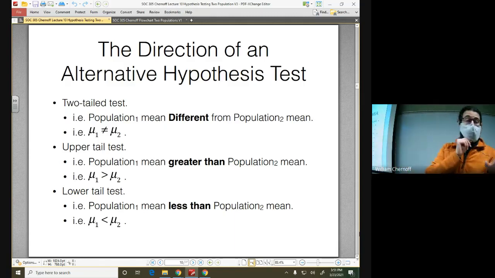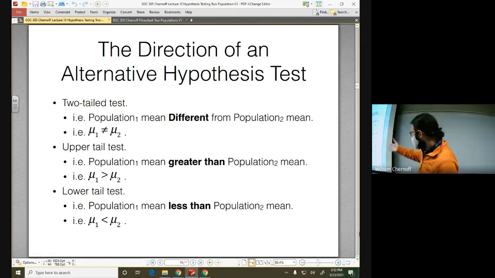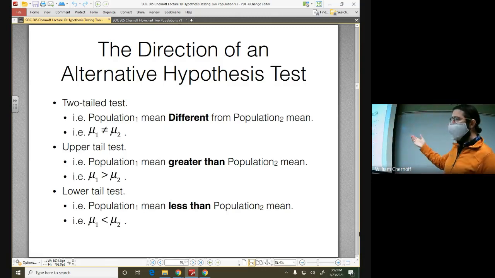However, when it comes to the alternative hypotheses, there are going to be 3 that we can choose from. Either the two populations are different, or population 1 mean is greater than population 2 mean, or population 1 mean is less than population 2 mean. We refer to these as a two-tailed, upper-tailed, and lower-tailed test.